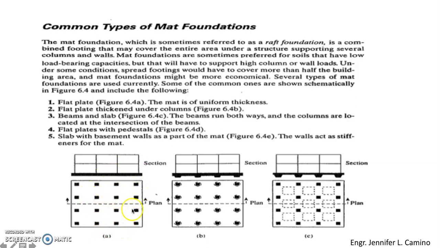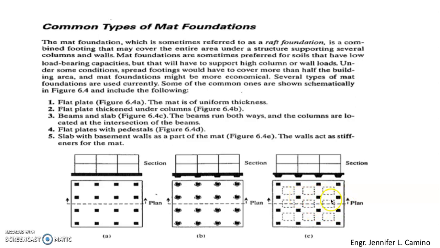Second, a flat plate thickened under columns. Third, a beam and slab, where the beams run both ways and the columns are on the intersection of the beams.